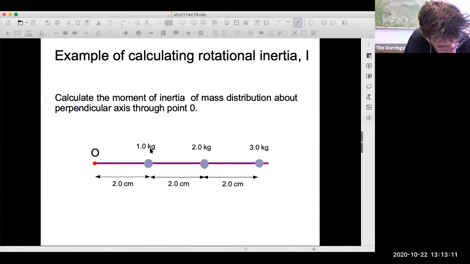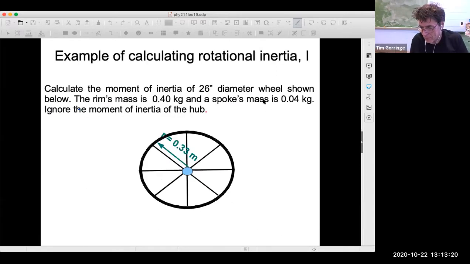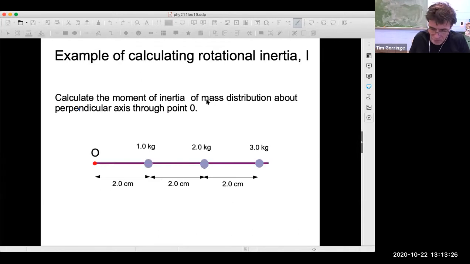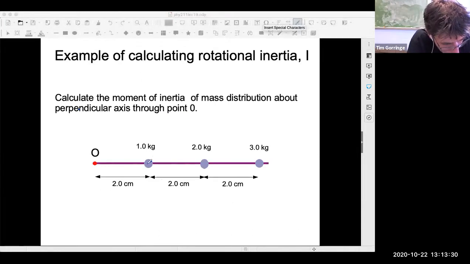There's one here. I think I'll be calling that mass number 1.